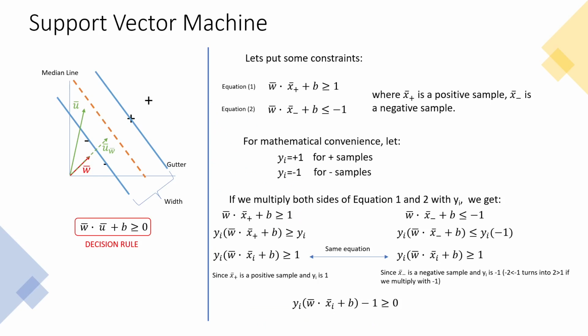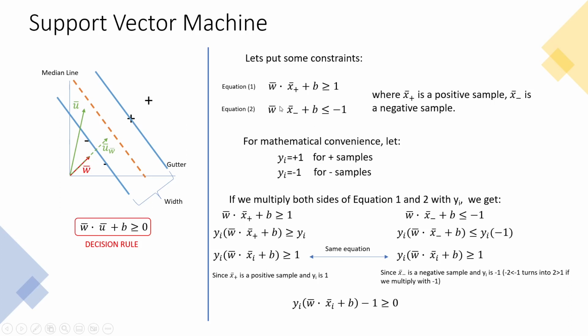So for now, we would like to put some constraints. We will be solving a constrained maximization problem today. So remember our equation. If we convert this equation into this, w dot x plus, plus b is greater than or equal to 1, that's because x plus is a positive sample.